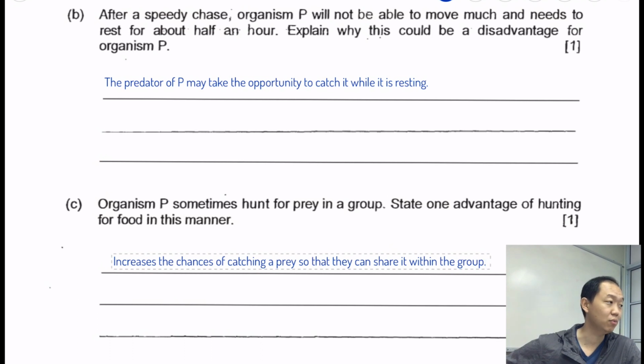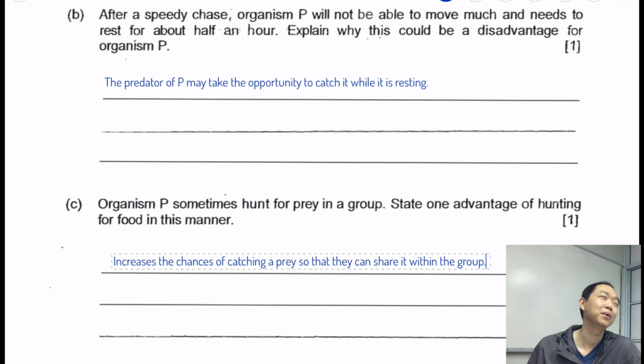Why? Because can you imagine if one of them goes and then they don't catch the prey, everyone does their own thing so cannot catch the prey. Okay, what they do is they will circle the prey, and they usually like to catch the younger and the weaker ones, the younglings, the young ones. Like for example, if a leopard comes here, the leopard looks at me, the leopard will not catch me, the leopard will catch you all, because you all look weaker.